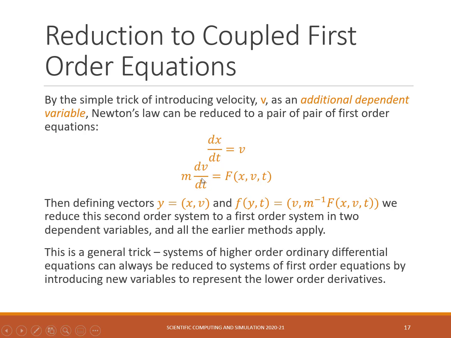So, we define dx/dt as velocity v, and accordingly, Newton's law is written as m dv/dt equals f. In this problem, we added one further dependent variable v as a function of position x and velocity v.